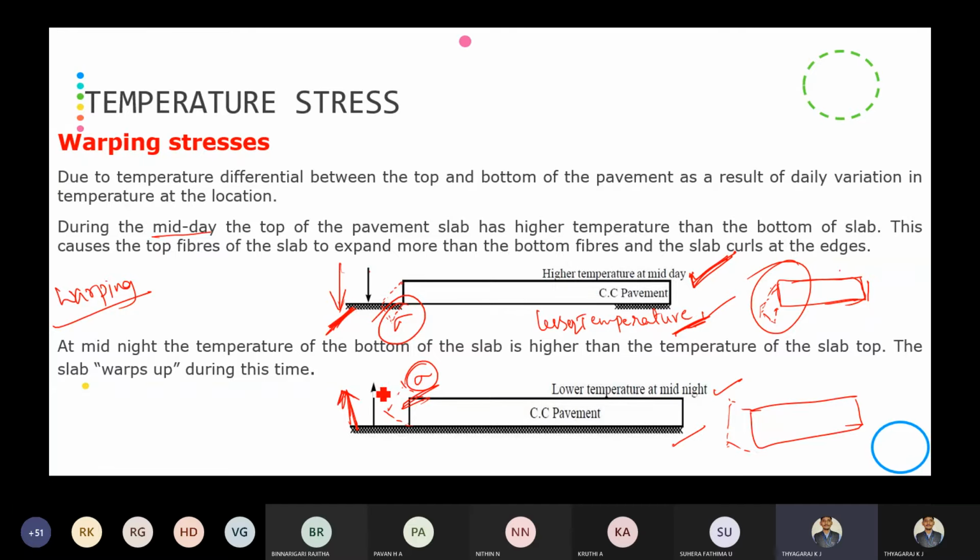The slab bends upwards, which is called warp up, during the night time. So remember, during daytime the slab bends downwards, during night time the slab bends upwards. Okay, is it clear?